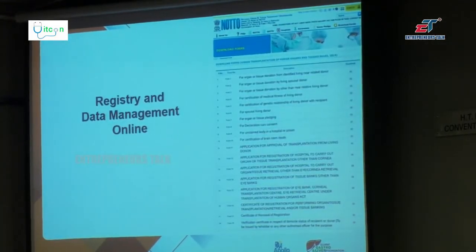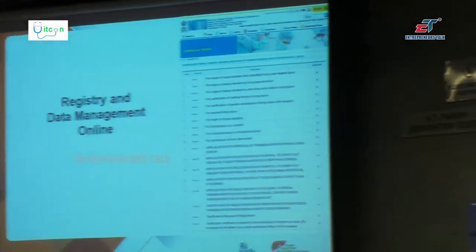Then comes the registry. Whenever there are quite a few patients waiting for transplant, their names have to be registered, and the allocation of the organs has to be in a very transparent form. For this, an online registry is very important. Our government is trying to make it nationwide, and NOTO is the national body which has been established. It will have regional centers.